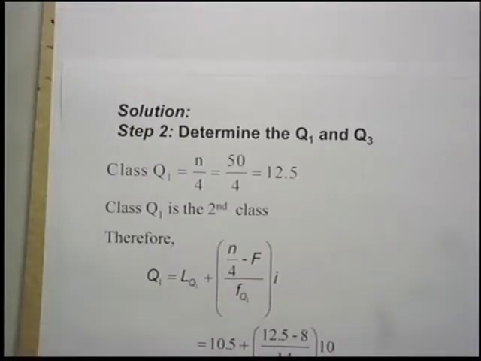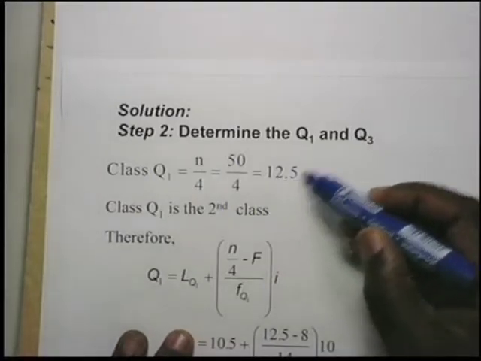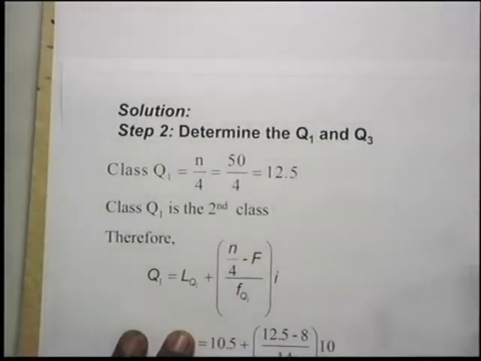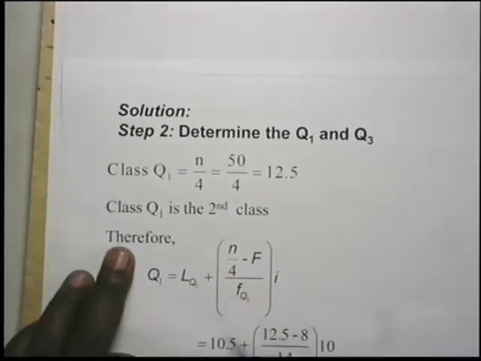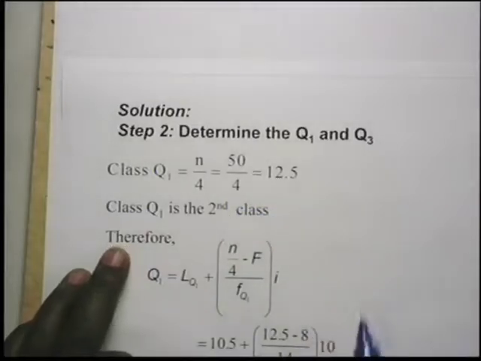So for the first quarter, it should fall in position 12.5, which is roughly 13, but we may leave it like that. So the first quartile class is the second class.